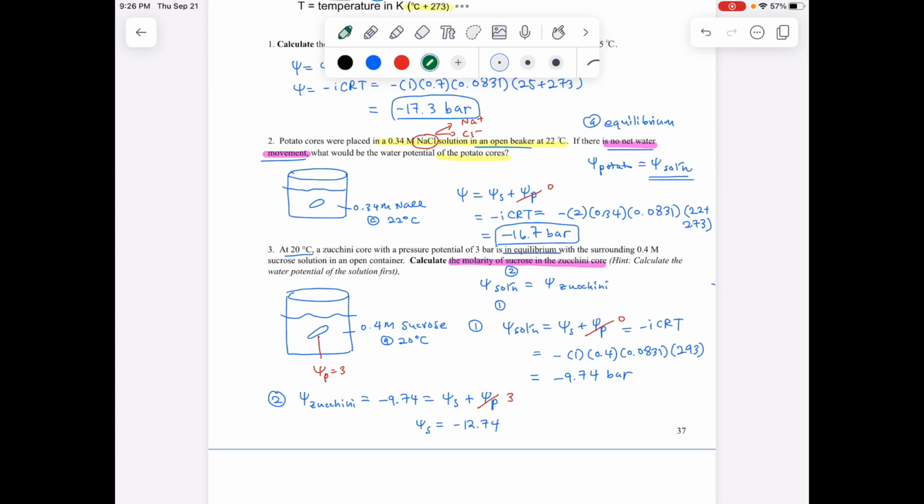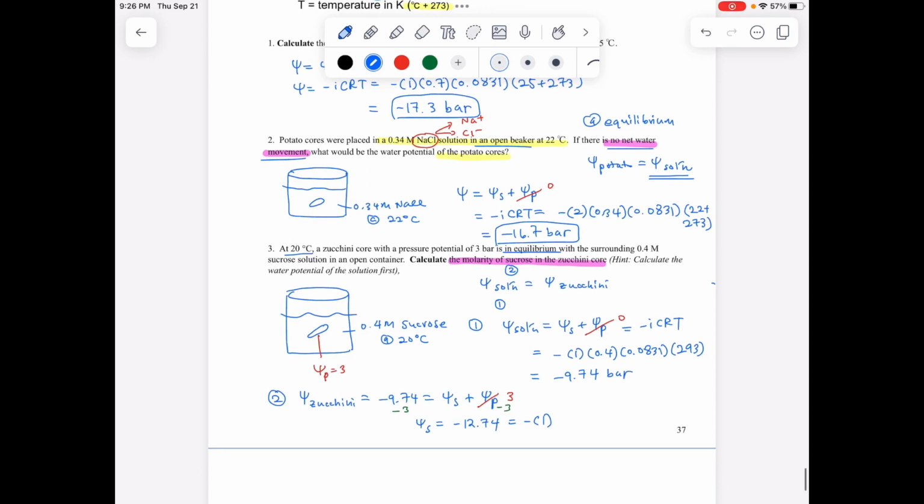What I did there is I just solved for solute potential by subtracting 3 from both sides, right? So that's the solute potential, and that's equal to negative iCRT. So let's plug into that formula. So negative i for sucrose, again, is just 1. It's a molecular compound. C, that's the molar concentration that we need to look for. That's our x. That's our unknown. R is 0.0831.